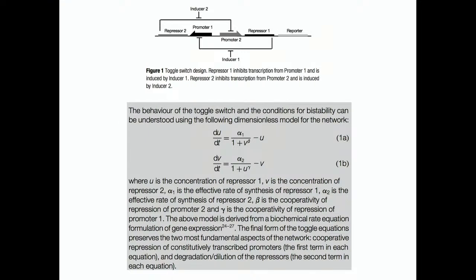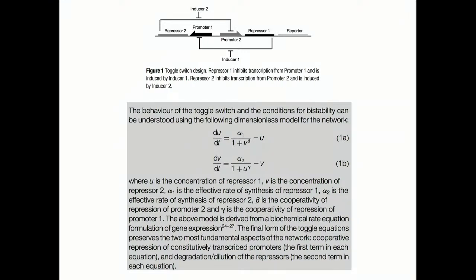Would that lead to two discrete outputs such as u high, v low, and v high, u low? Right? If two molecules are inhibiting each other, you can get these two extreme outputs, a high, b low, or a low, b high. But would that happen for beta and gamma equals 1? How will you figure that out?